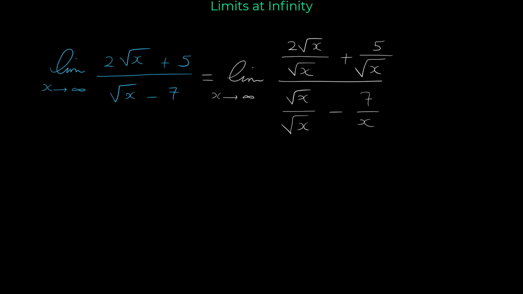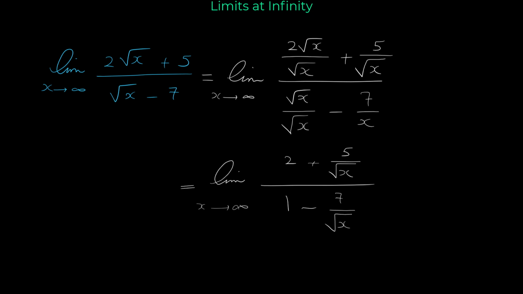Now if we simplify the fractions, 2 radical x over radical x is 2, plus 5 over radical x. Radical x over radical x is 1, minus 7 over radical x, as x approaches infinity.